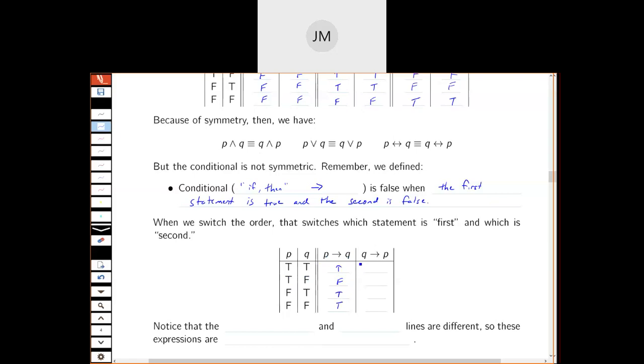But if I say if Q then P, now Q becomes the first statement. So it's in this third row that the first statement is true and the second statement is false. And there's no other rows where the first statement is true and the second one is false, so these are all true.